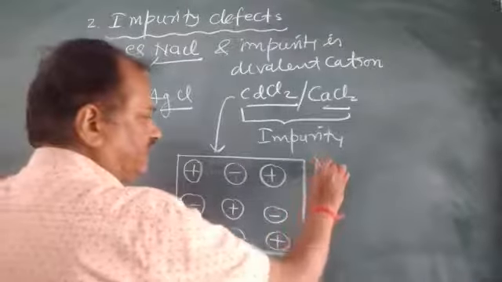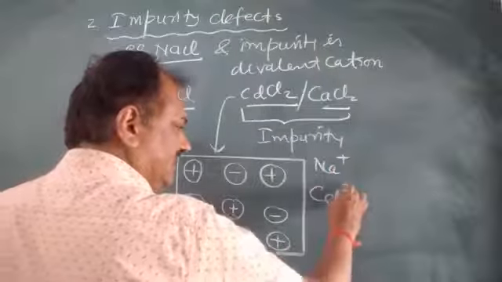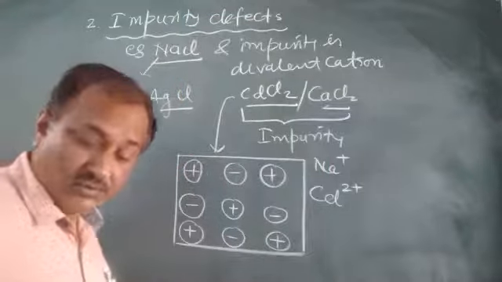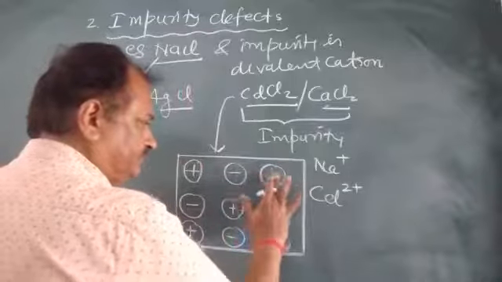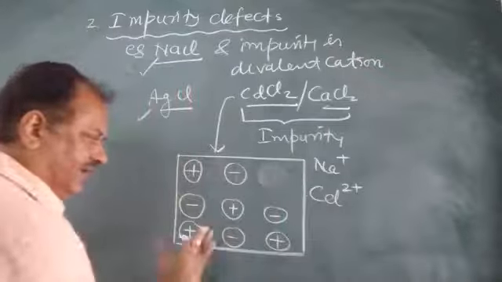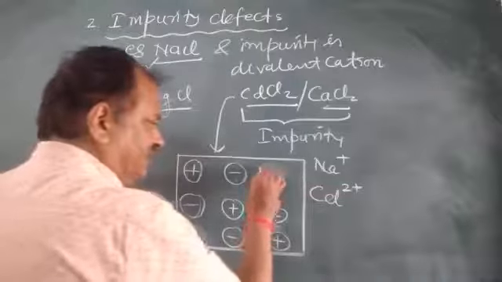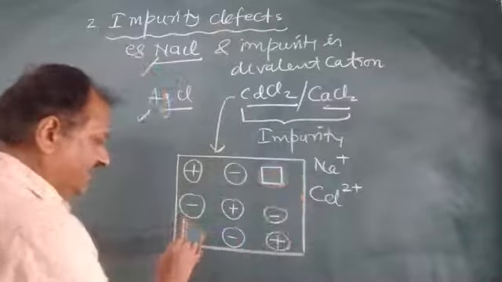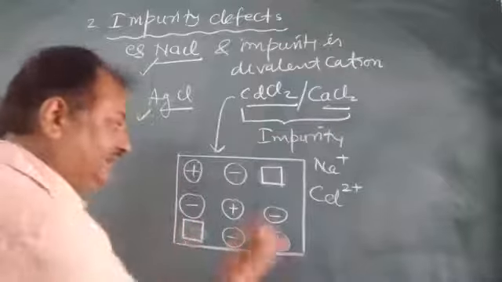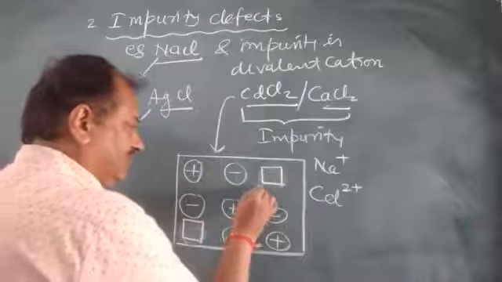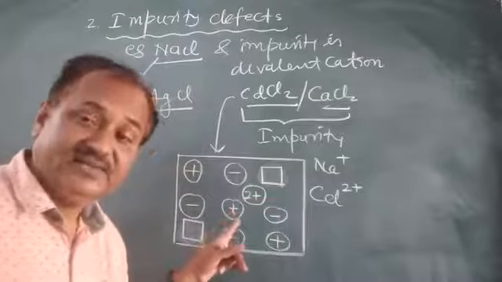Now you know sodium has a +1 charge, cadmium has a +2 charge. So if we remove one here, and one from here, there is a cationic vacancy here and a cationic vacancy here, and in place of this comes the divalent cation.